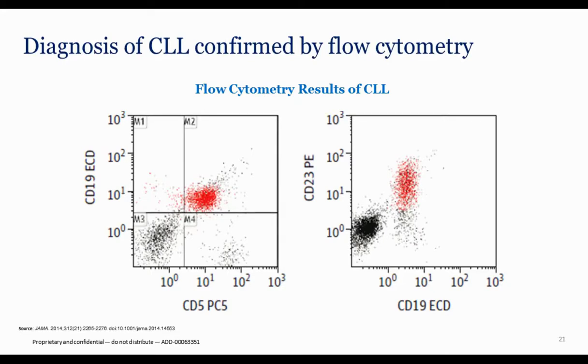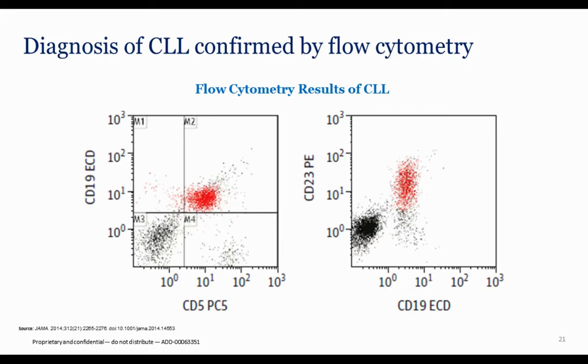A confirmation of CLL certainly can be made through flow cytometry. Again, you remember that the surface antigens on normal B cells consist of CD19, 20, 21, and 23, and in CLL, the CD20 is dim. You'll also remember that I said there was an aberrant expression of a B cell marker and a T cell marker.